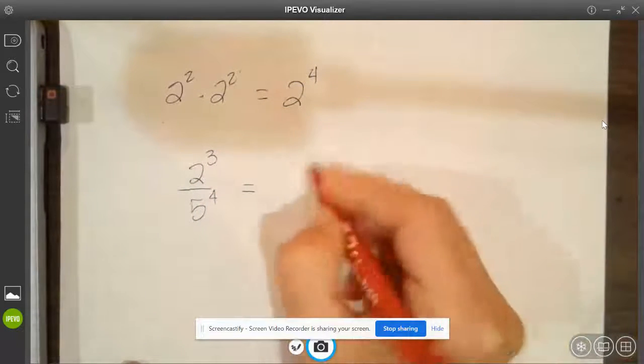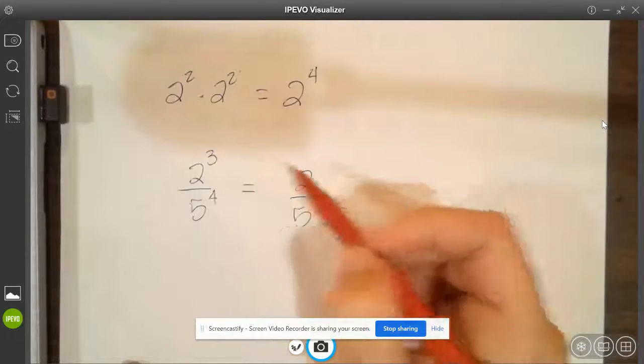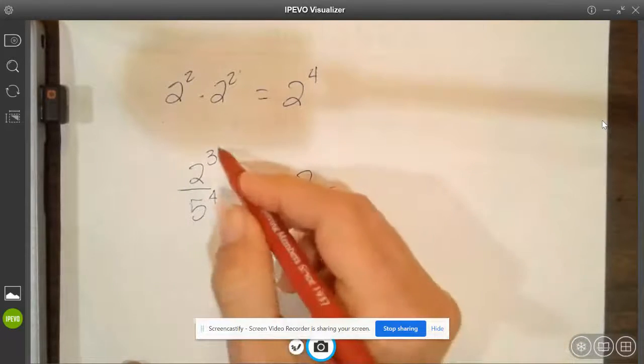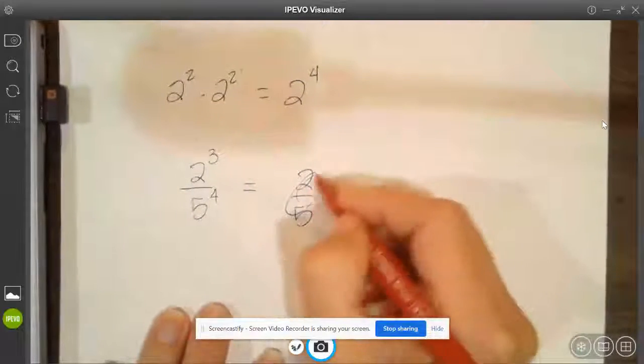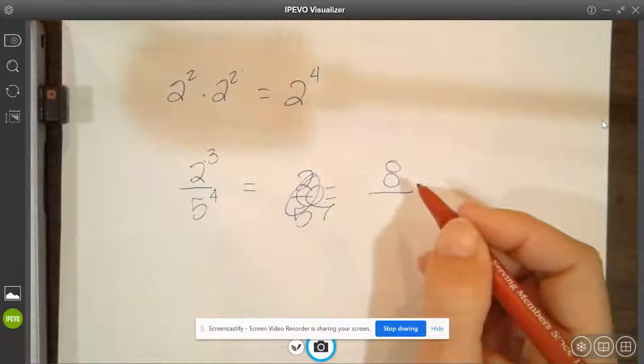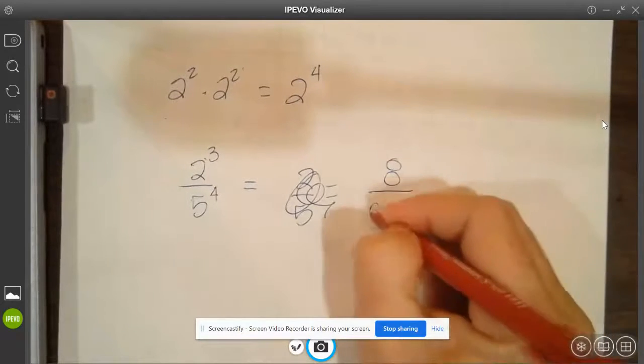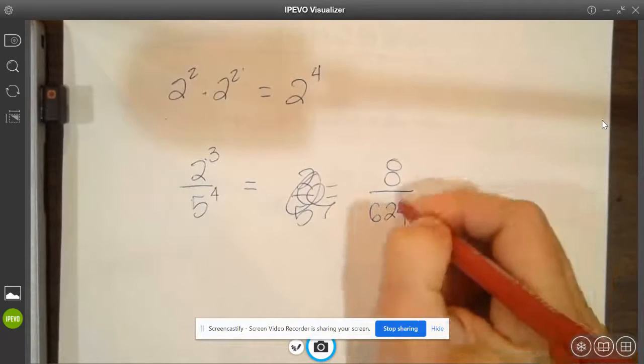Well, 2 over 5 cannot be simplified, and then we can do it this way, which is 8 over, and then 5 times 5, right? So that's 5 to the 4th power. It's 625. You can do that.